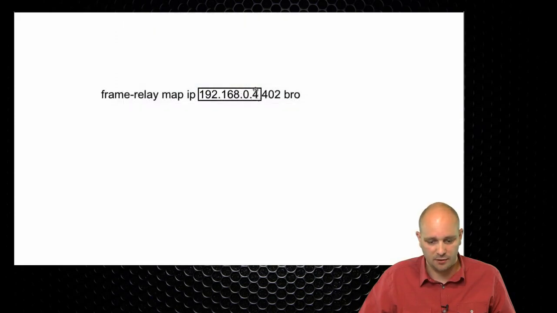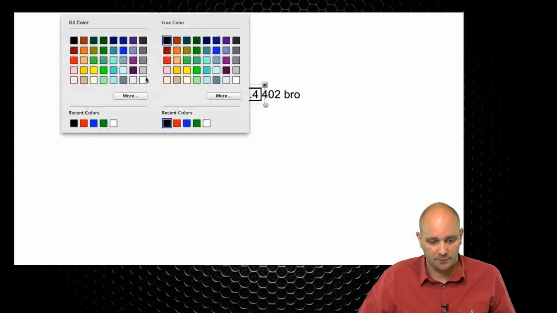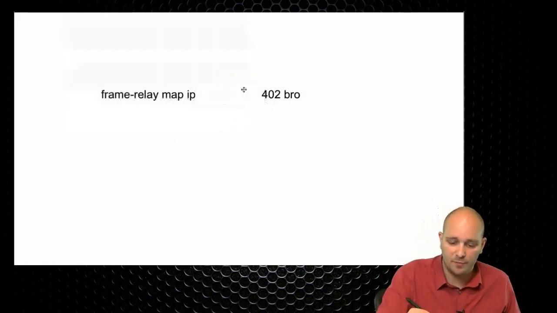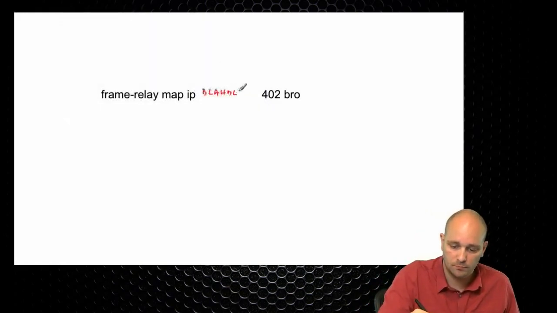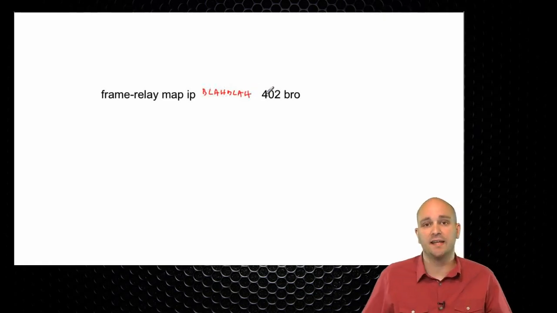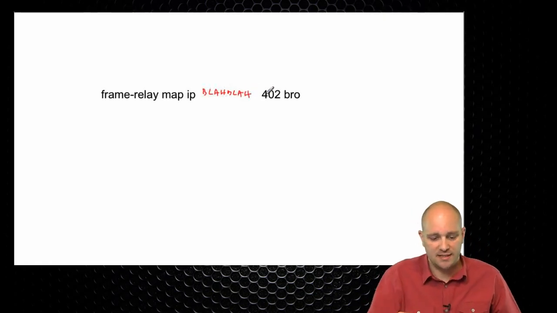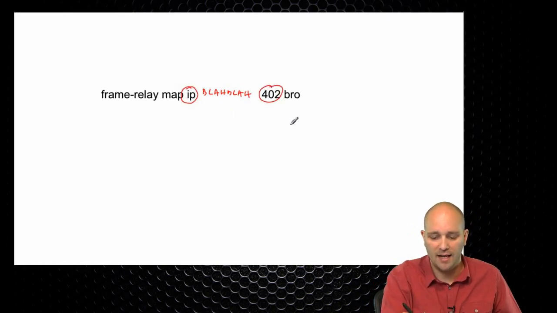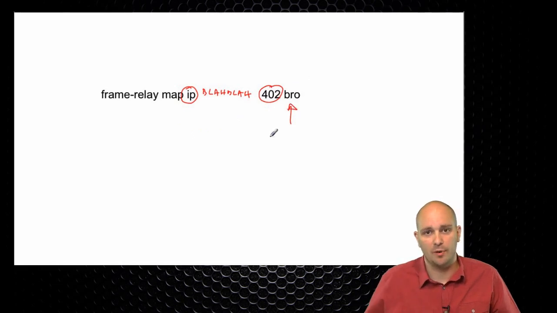And of course, that didn't quite work the way I wanted it to work, but I'm not giving up just yet. So basically, the way this is perceived by the router is this. The router doesn't care what the IP address is. The only thing it cares about is that for the IP protocol on DLCI 402, enable pseudo broadcast replication.